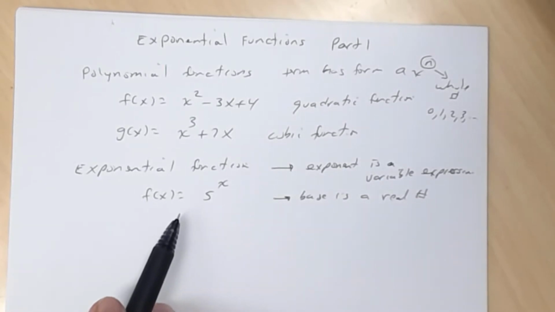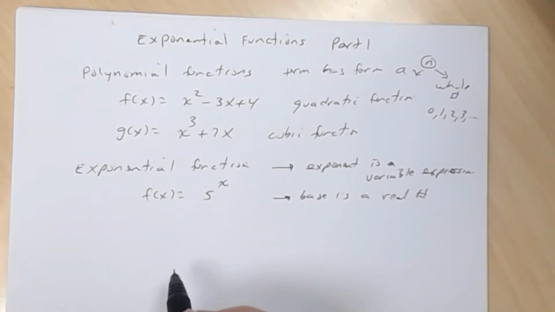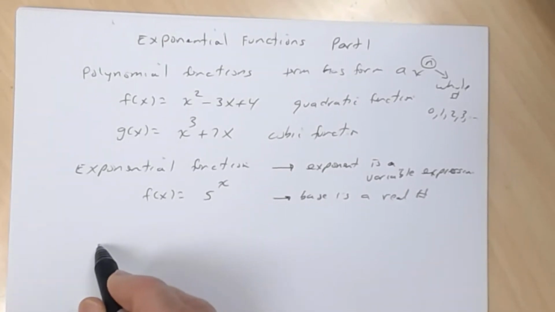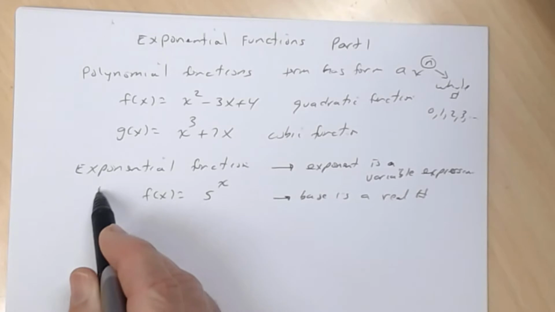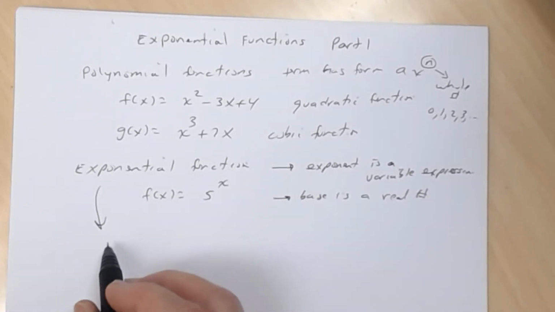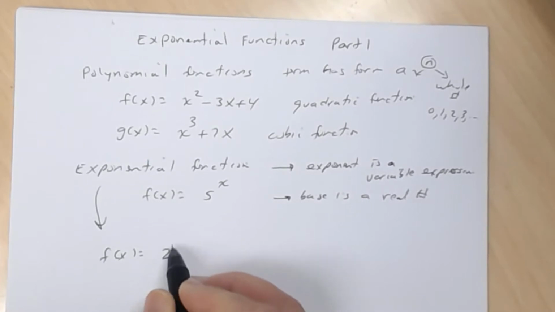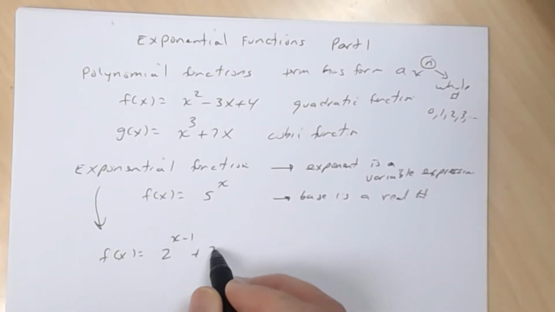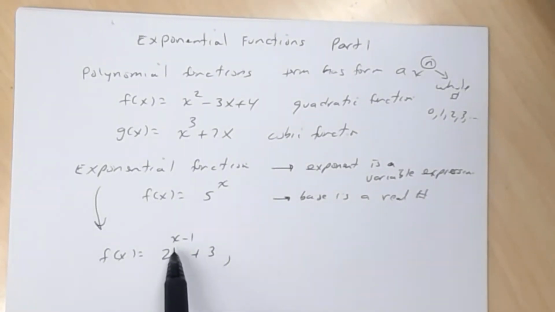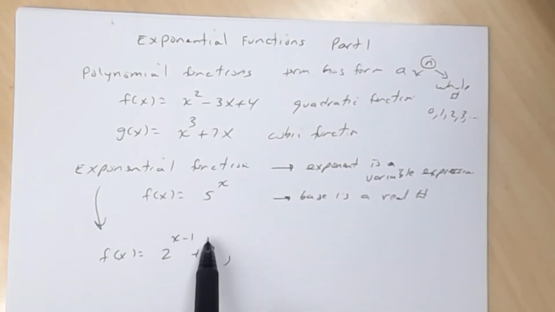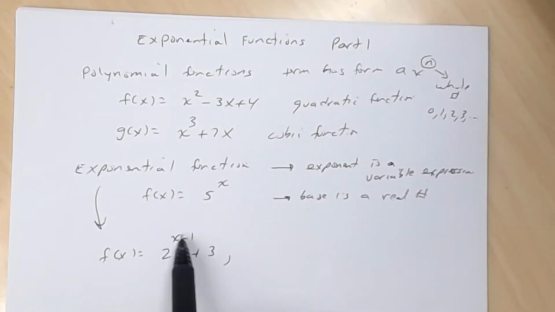All right, so for example, these would be other examples of exponential functions. F of x equal 2 to the x minus 1 plus 3. See how the exponent contains a variable.